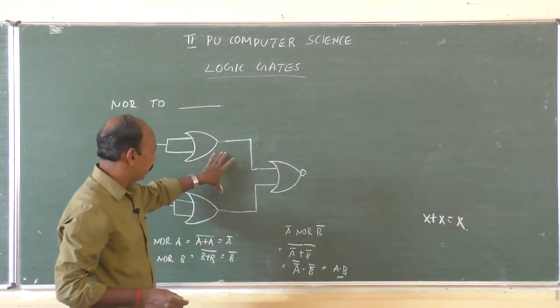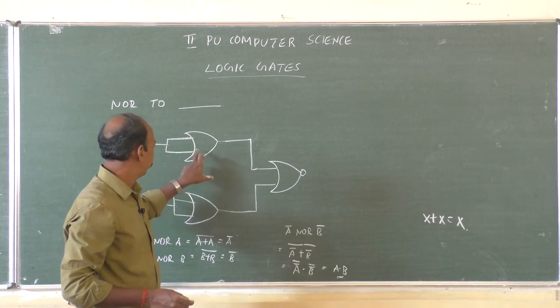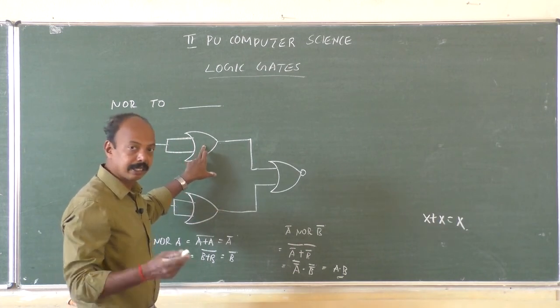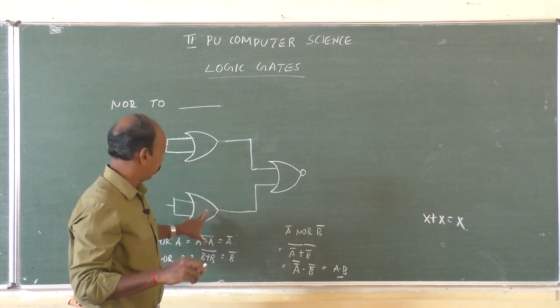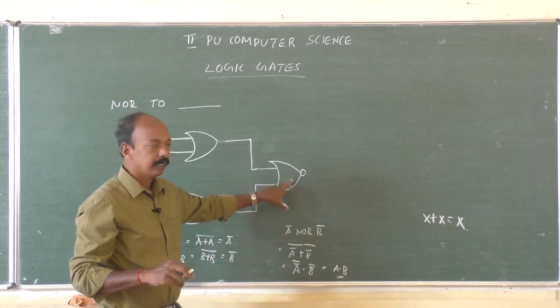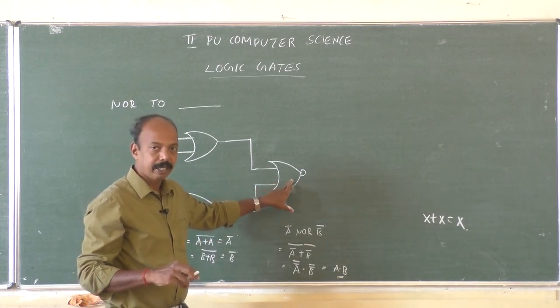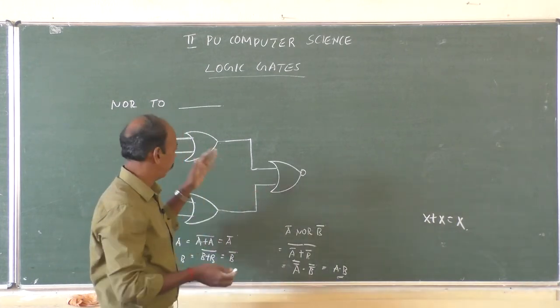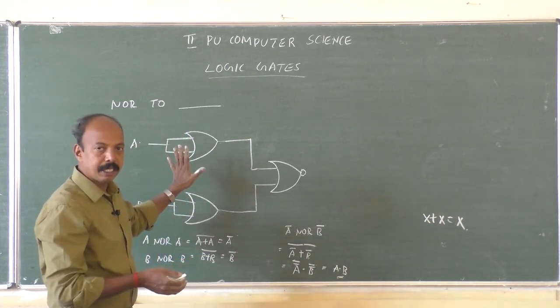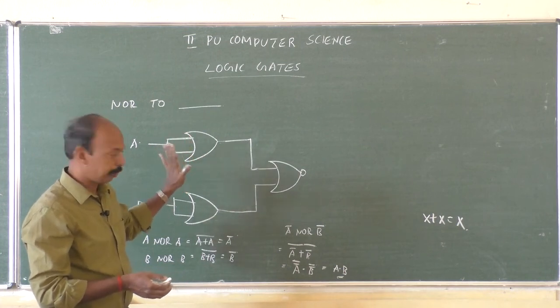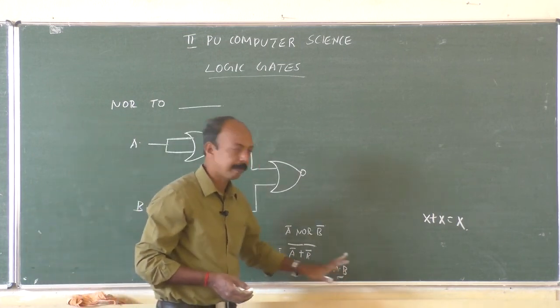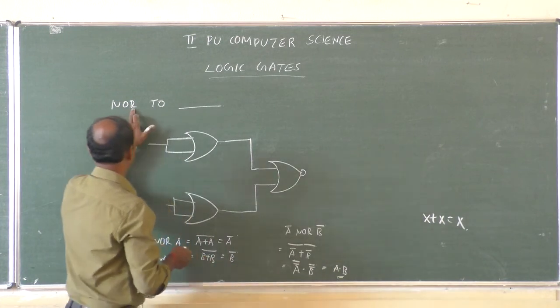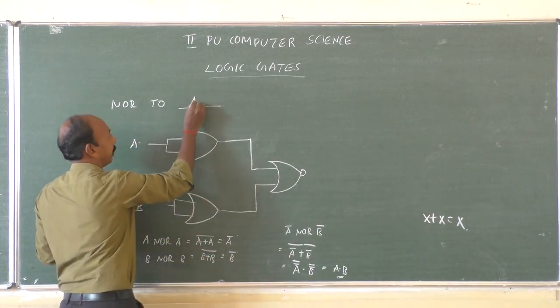When we use the same diagram, that is two NAND gates in the previous one, in the first level, and one NAND gate in the second level, we had A plus B. The diagram is the same, replacing NAND with NOR, but what we get is A dot B. So this is NOR to AND.